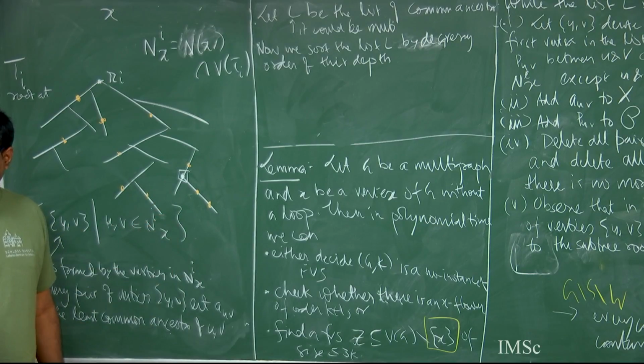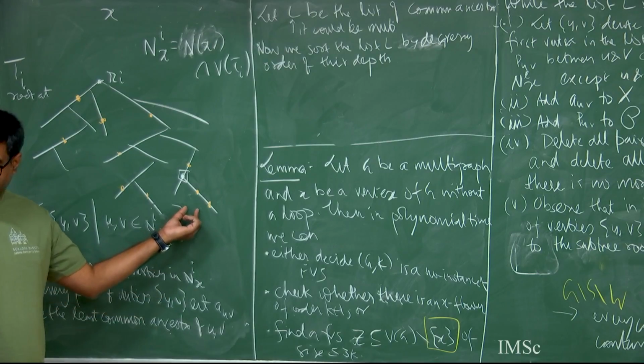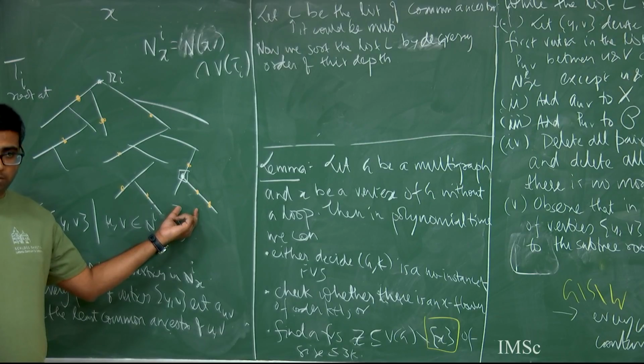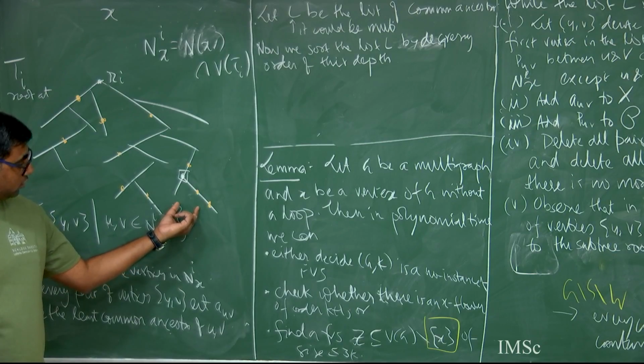Why? If we consider that pair of vertices, it will have a larger depth. Exactly. If I had a pair here, some U and V here, and a W here, then we had U and V initially.